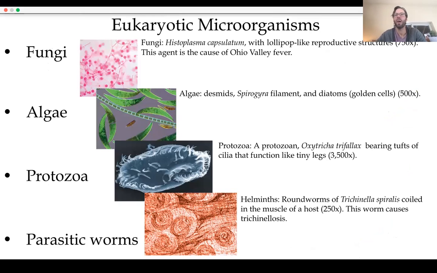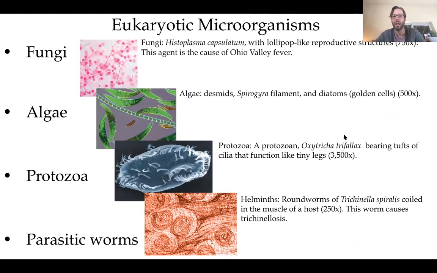So the eukaryotic microorganisms that we'll be talking about: fungus, algae, protozoa, and worms. And then within protozoa, of course, there are going to be things like Giardia that I mentioned, and Plasmodium, that is the malarial parasite. So all of these things are different in their biology considerably.